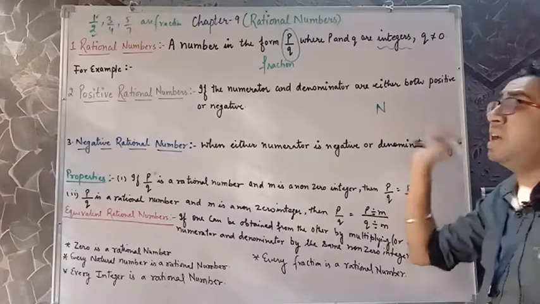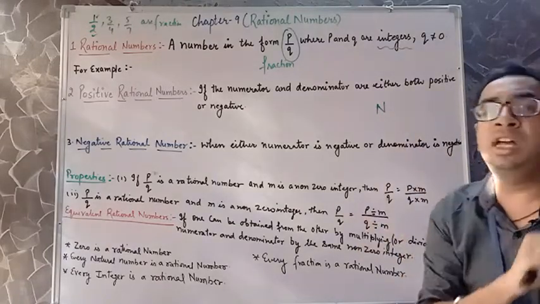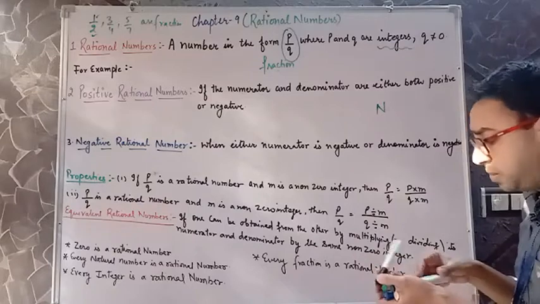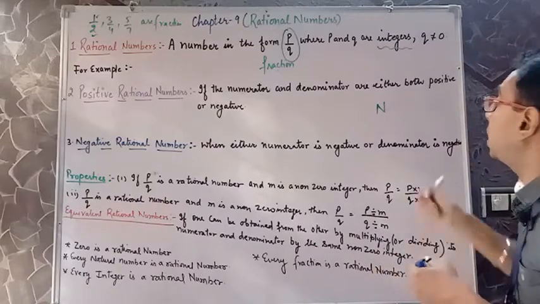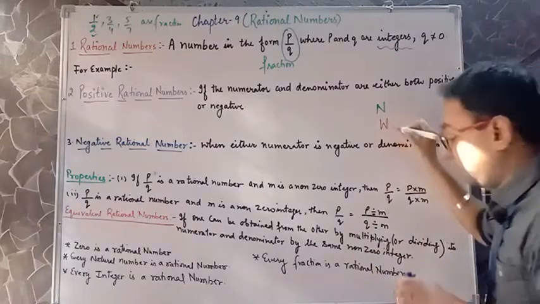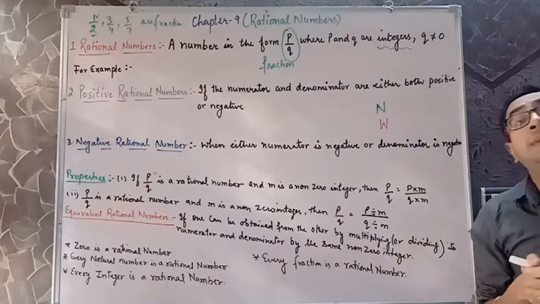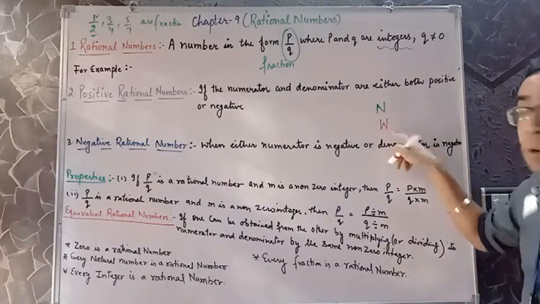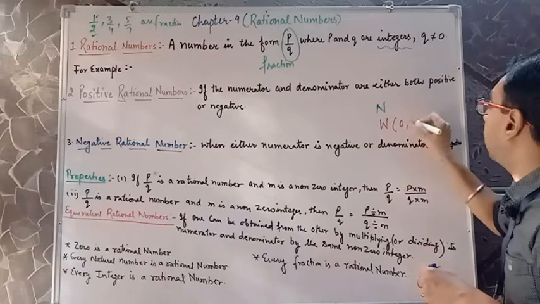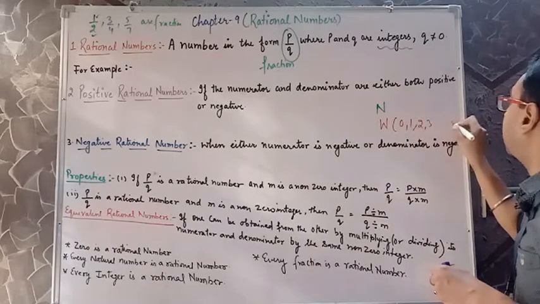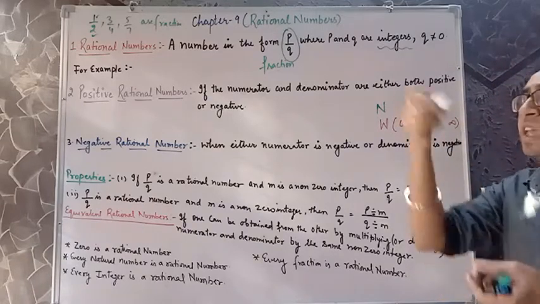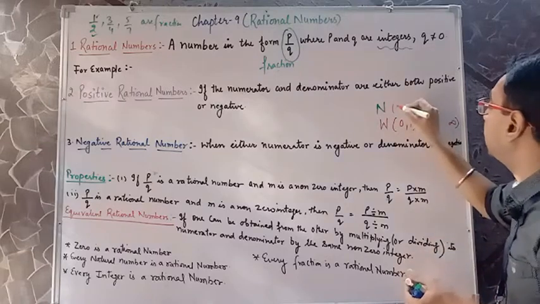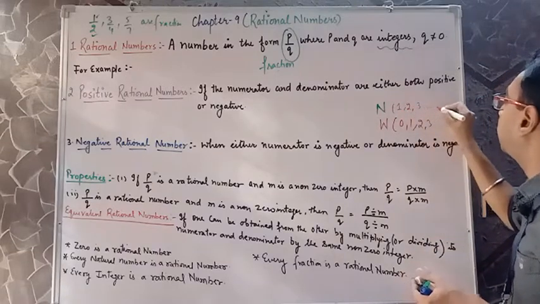Now, if we add 0 to natural numbers, what do we get? We get whole numbers. How do we represent whole numbers? By the letter W. Whole numbers are 0, 1, 2, 3, etc., up to infinity. Natural numbers start from 1, 2, 3 up to infinity.